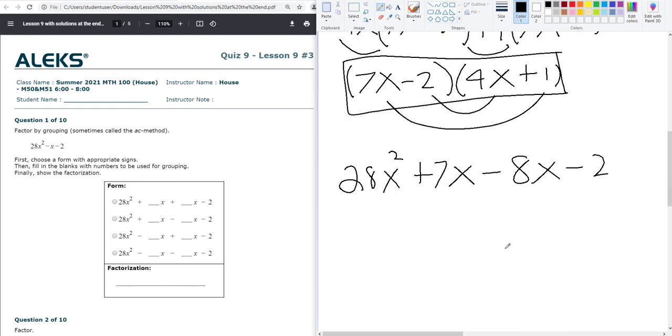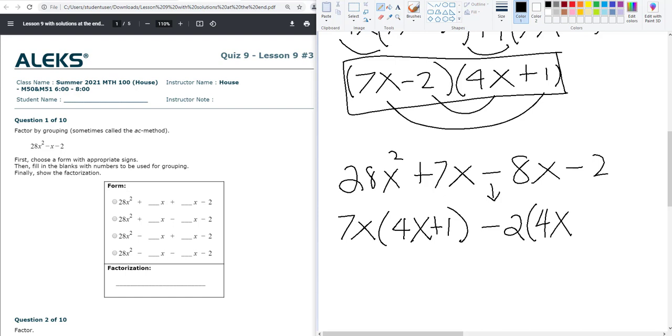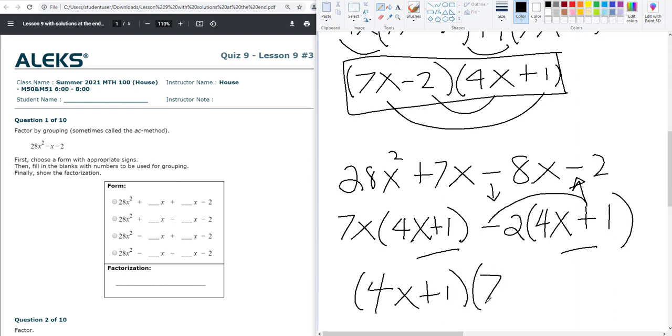This time I'll take out a 7x, and that gives me 4x plus 1. My middle sign drops down, and I take out a 2, and be careful, I get a 4x plus 1, because a negative and a positive make a negative. These two have to match, 4x plus 1, and then 7x minus 2.